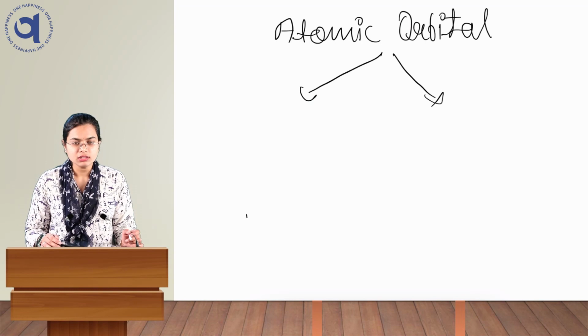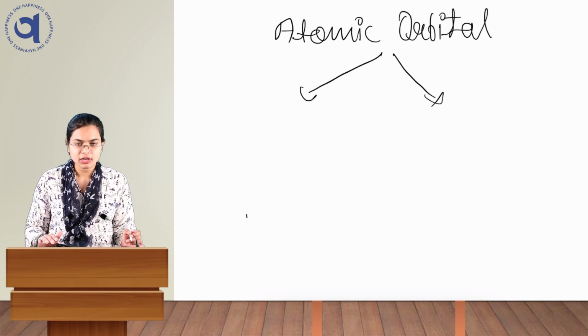Today we'll be learning about the energy level diagram for molecular orbitals. The atomic orbitals are divided, and they form two orbitals: the antibonding orbital and the bonding molecular orbital. Let's see it. Atomic orbitals form two types of molecular orbitals.